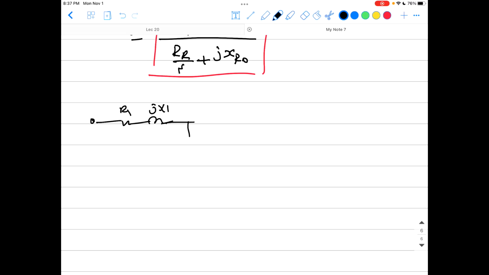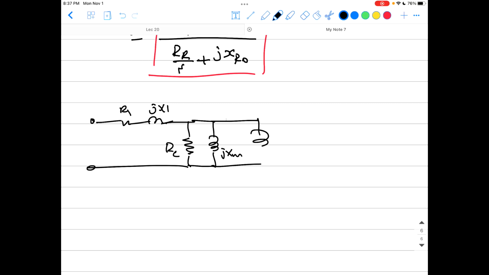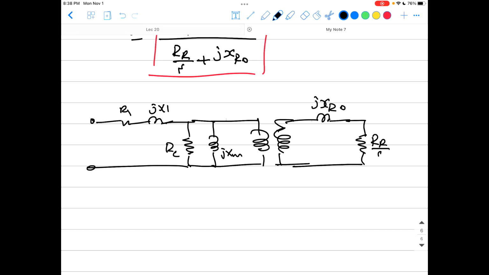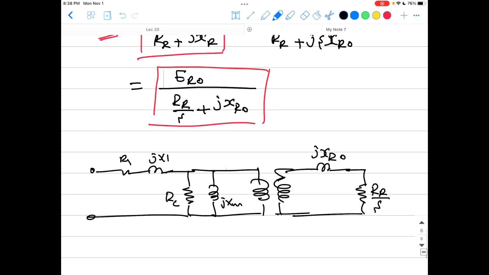The stator does not change here, we're not playing with the stator quantities, so that is RC and jXM. And that is your transformer representation. And now here that is your reactance, but now jXR0, not XR. And this is the resistance, but now it is R rotor divided by the slip. It's just like here.